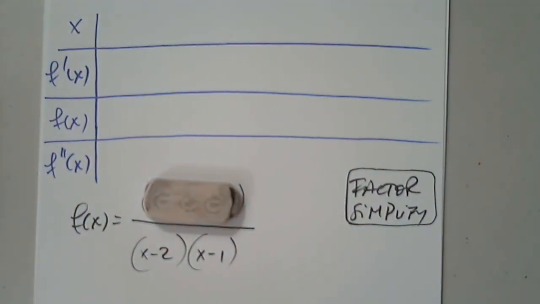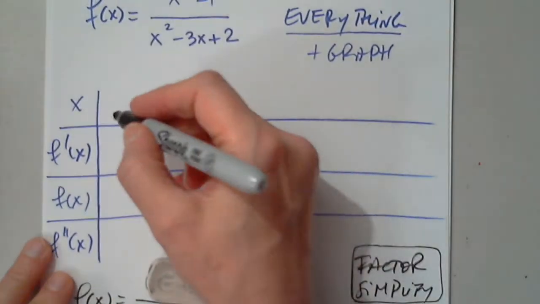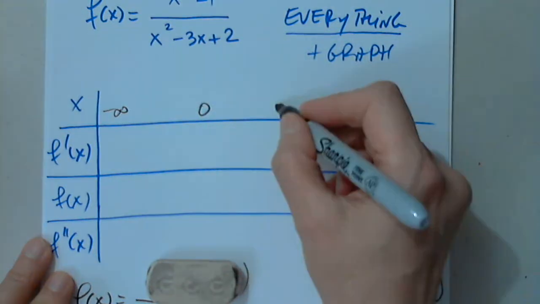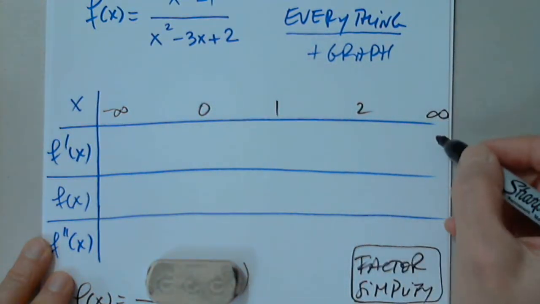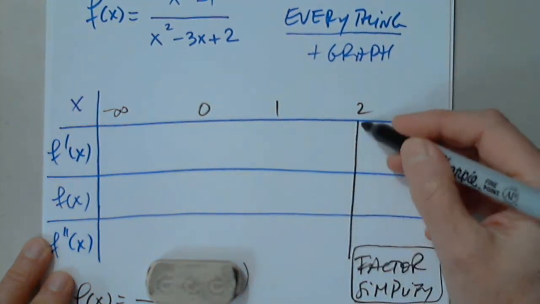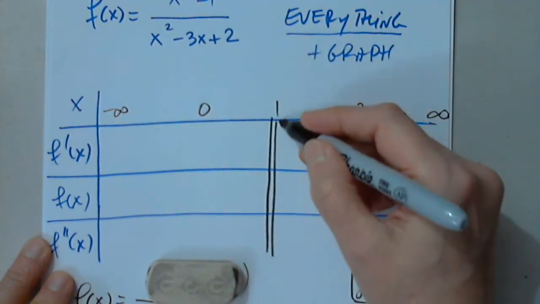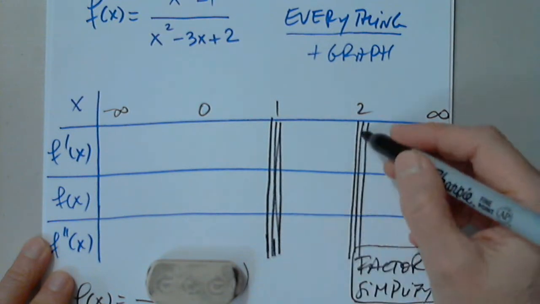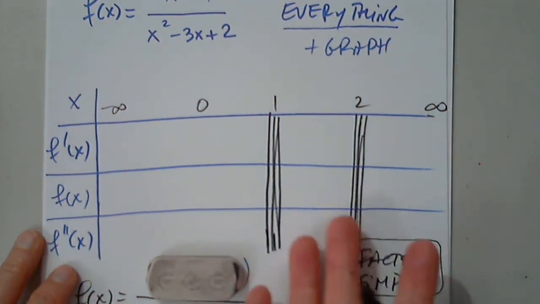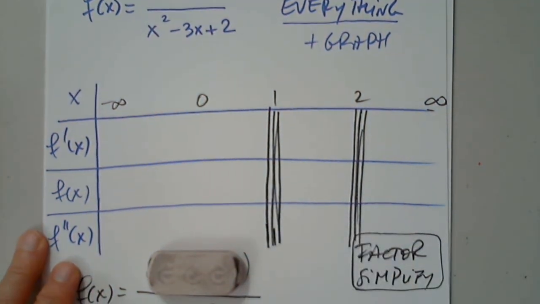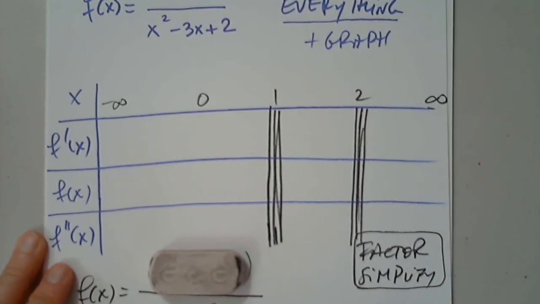So where is this function undefined then? At x equals 1 and x equals 2. Thank you very much. If you use the table and you show me this, you don't have to write anything else about the domain.